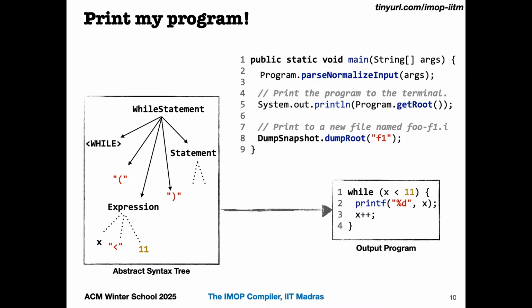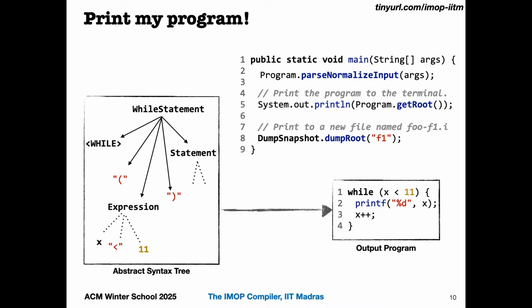Okay, system.out.println. This will print the full AST starting with root, and this will dump the same file too.